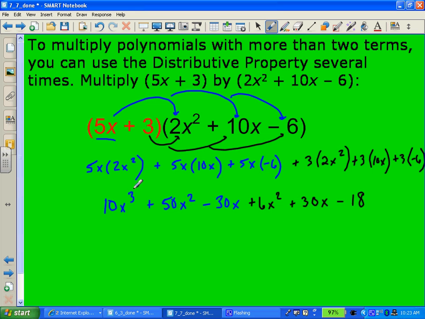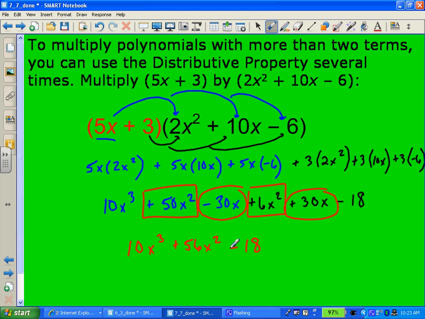Then the next thing I want to do is combine like terms. 10x cubed is the only x cubed I have. Then I have 50x squared and 6x squared, so that gives me 56x squared. I have minus 30x plus 30x, so those cancel each other out.